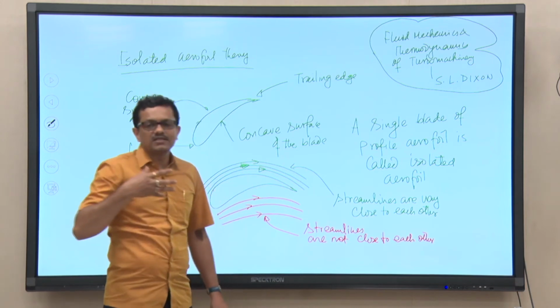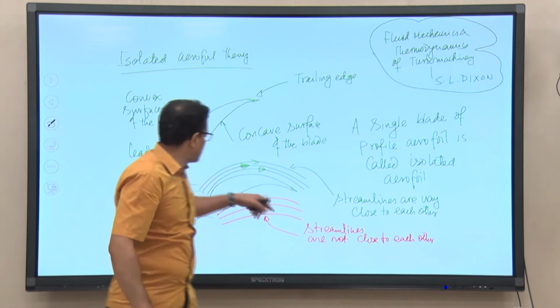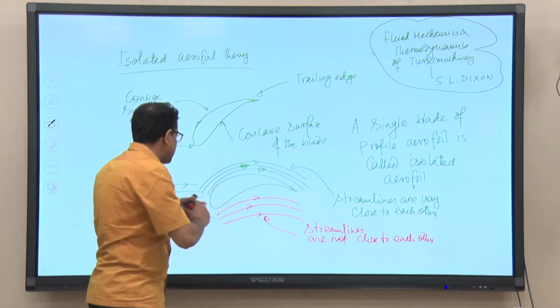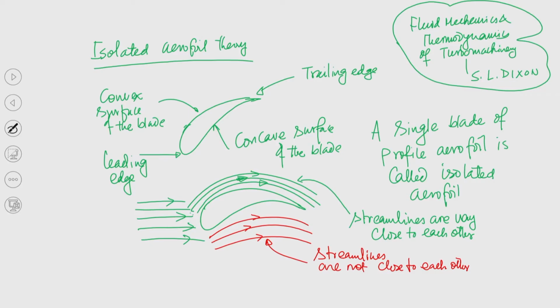Now, because of this difference in flow velocity across the blades, if I take a section, if I again take a different color, if I take a particular section here, you can understand. Now, if I try to move from A to A prime, you can see, if I try to move across the blade from point A to A prime, there is a difference in flow velocity, though the same uniform velocity is approaching the blade.